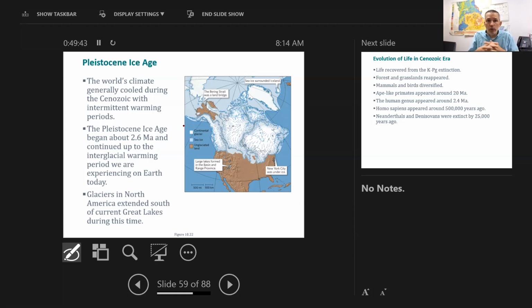And we're in one of those interglacials right now, where these ice ages advance, scraping off these materials, and then ice is retreating in those interglacials.